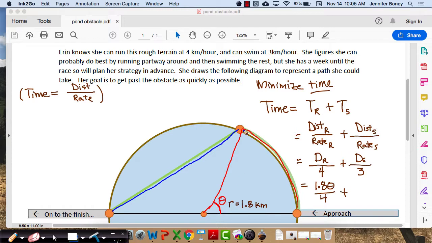So if I want to know the length of this blue segment, think about making a right triangle. Theta's in that right triangle, kind of. It can help us with aspects of it.